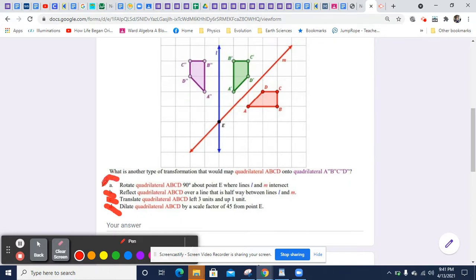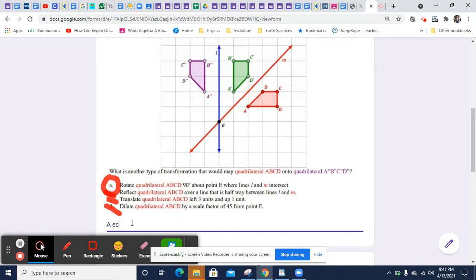We didn't say which way it was here. It's a 90-degree rotation. It is, of course, counterclockwise. So our answer ends up being A, because all of the points swapped X and Y, and the new X changed signs.